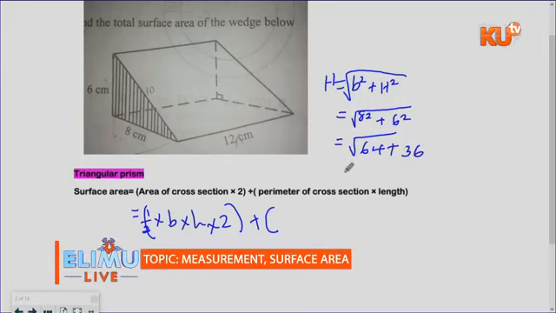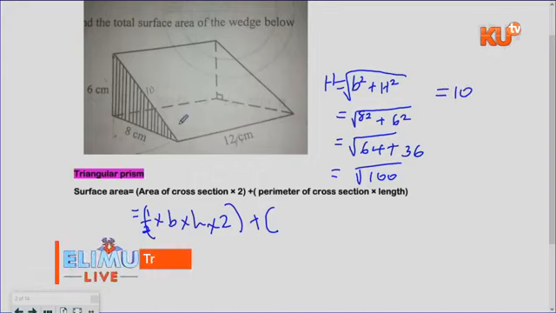When you add that, 64 plus 36, which is 100. So what is the square root of 100? We get 10. So that means that the hypotenuse is 10, and that's why I've indicated here 10.